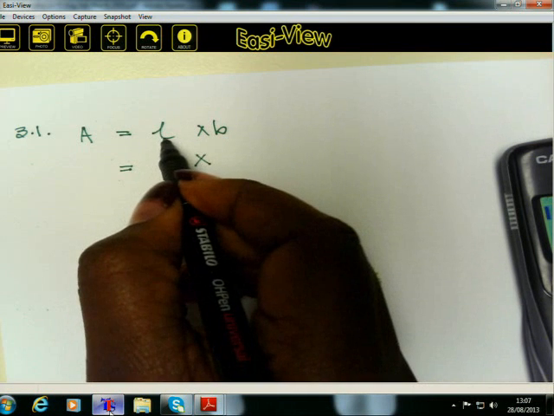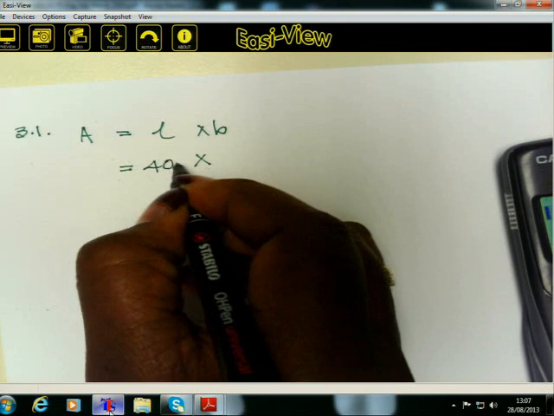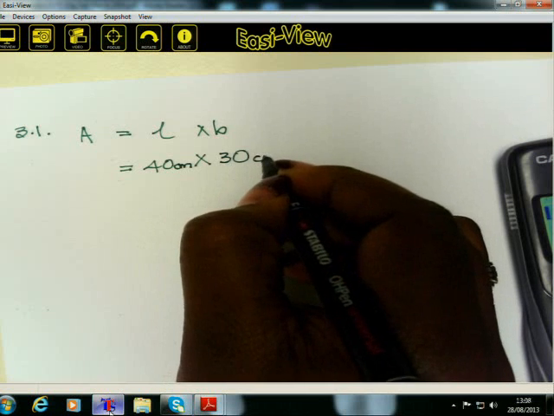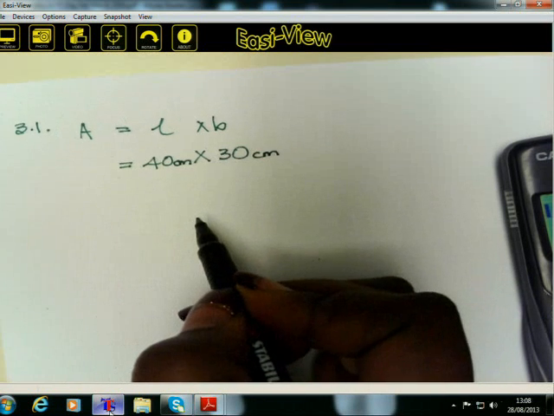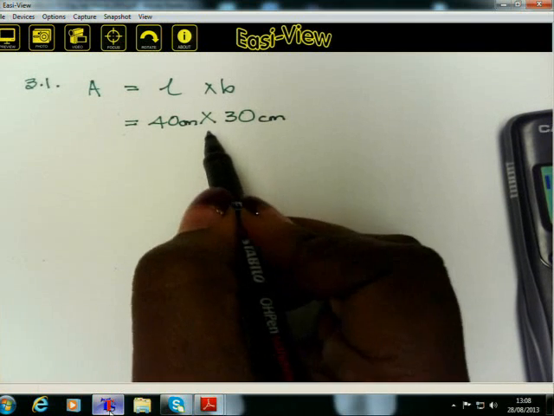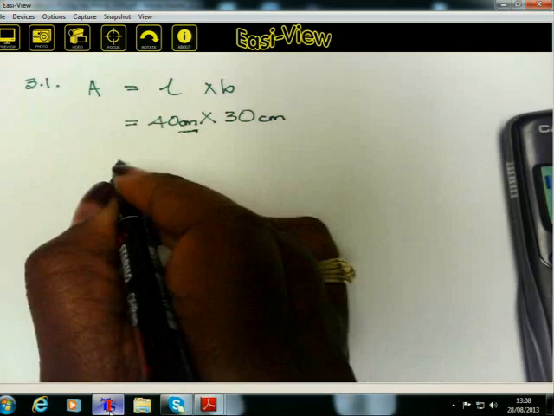And then in the place of the length, as we were told, the metal sheet is 40 centimeters by 30 centimeters. Now I know some of you would be saying, but you told us to write neatly and legibly, and now my cm there is not very clear, but it's supposed to be centimeters.